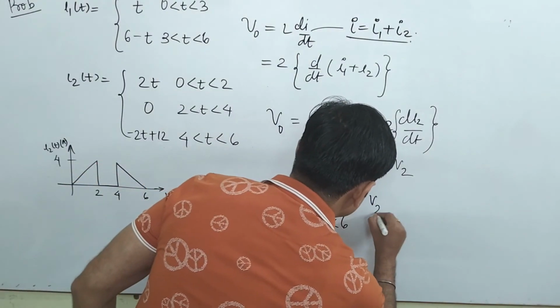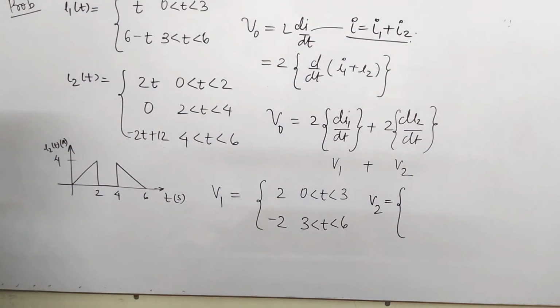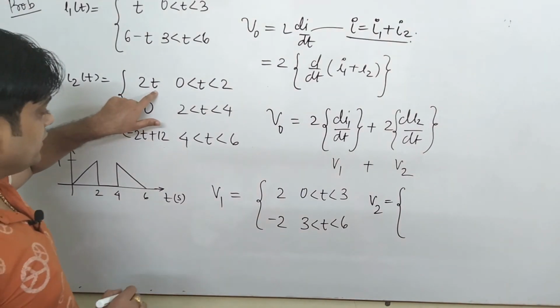Similarly, V2. Now the value of V2 again multiplied by 2 and differentiated, so that comes to be 2.